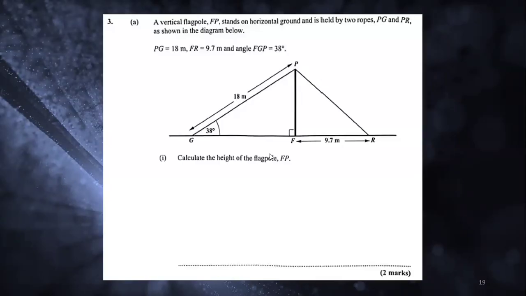Let's check it out. You want to find FP, which is here, and we have an angle opposite it, all right? So we're going to use something that has an opposite in it. So let's use the SOHCAHTOA that people know, and determine which one we are going to choose actually.